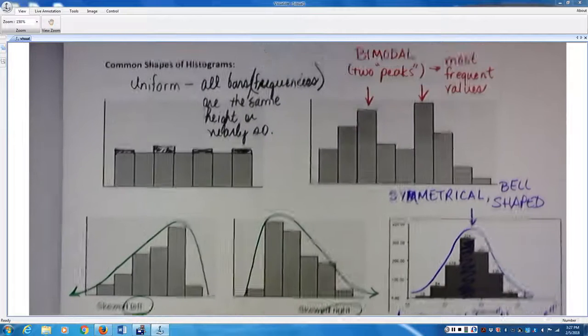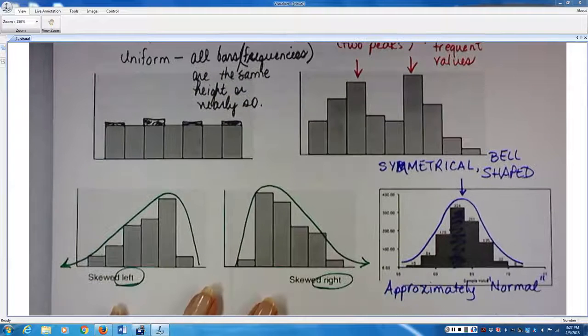Now, not all distributions are going to fit one of those four categories. All of the others, if they don't fit one of these four categories, we have one catch-all category that we use for all of them.